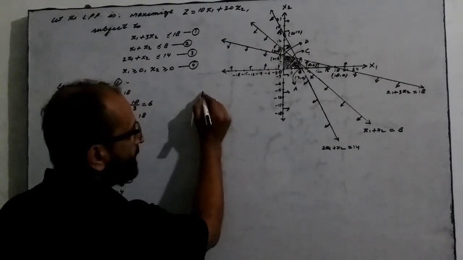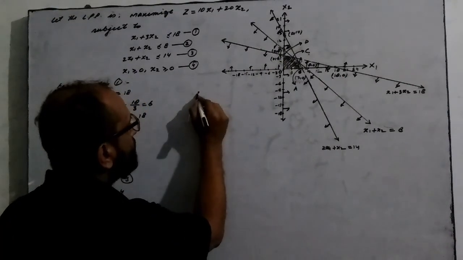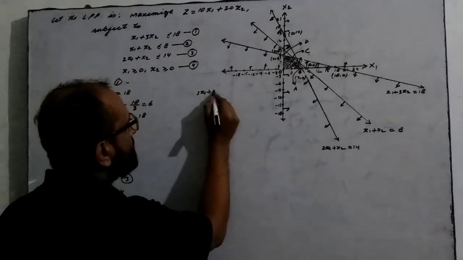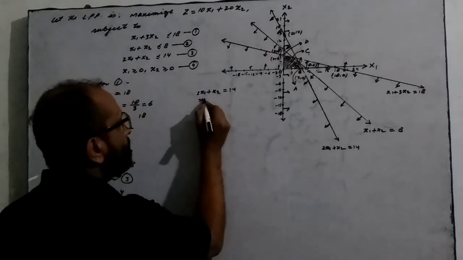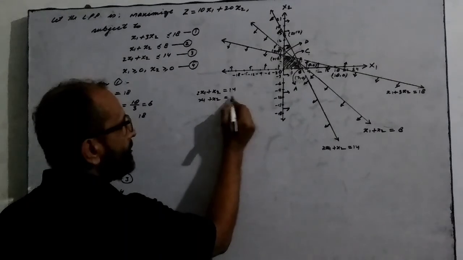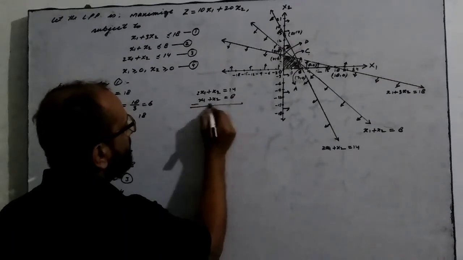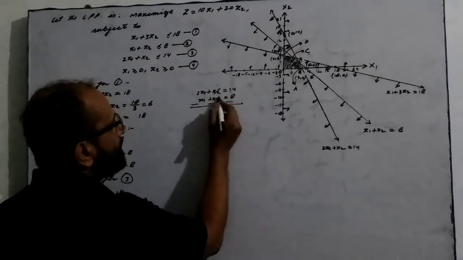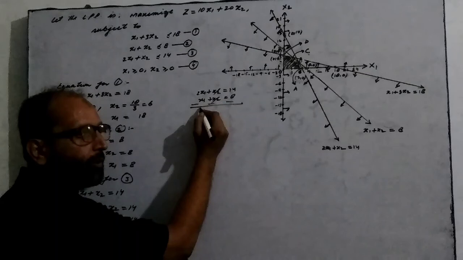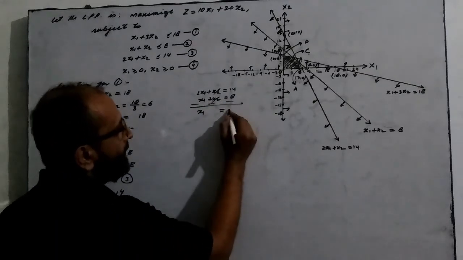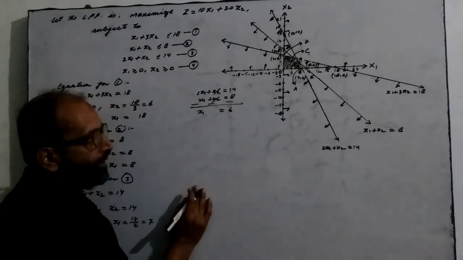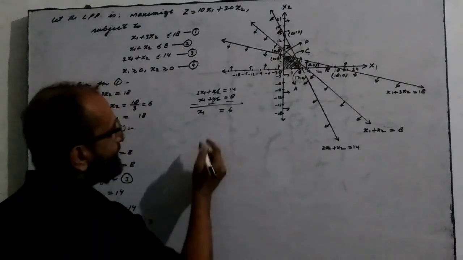So let us start. 2x1 plus x2 is equal to 14 and x1 plus x2 is equal to 8. Subtract them. x2 negative and positive cancel out, 2x1 positive and 1x1 negative, so 1x1 positive is left, and 14 minus 8 is 6, so the value of x1 is 6 here.